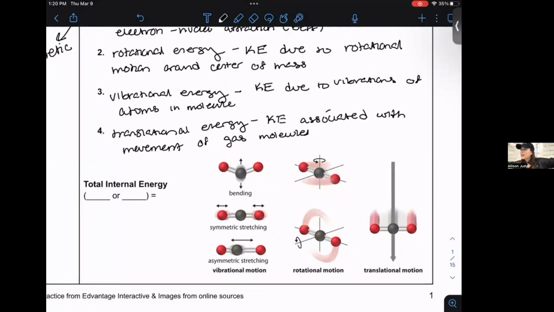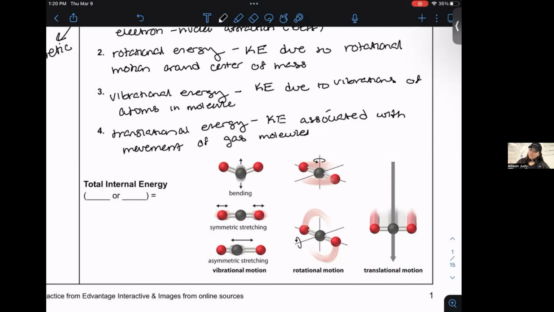You got bending, and when they bend, they literally flap their wings like this. We can see molecules creating waves that represent a pigeon flapping. And then you've got symmetric stretching, a little shimmy, shimmy. Actually, that one is the kind of torquey one because when it stretches, it pops. And then you got rotational, and then you got translational, up, down, just across an axis. That's all you need to know.